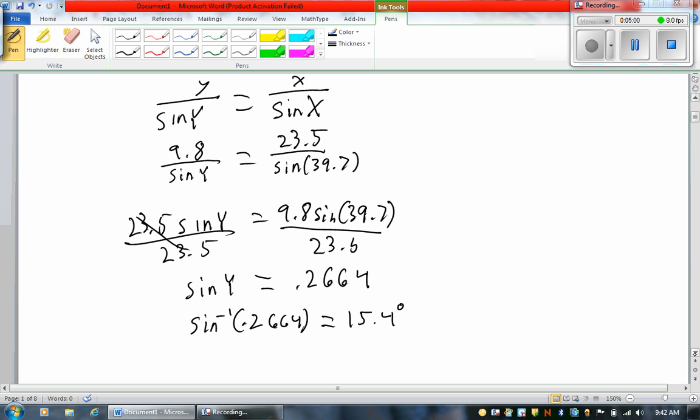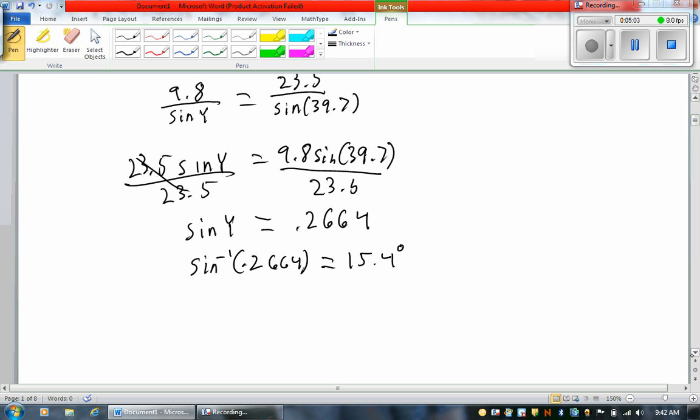However, remember our laws about sine: sine is positive in both quadrant 1 and quadrant 2. So our other angle is going to come out to 164.6 degrees.